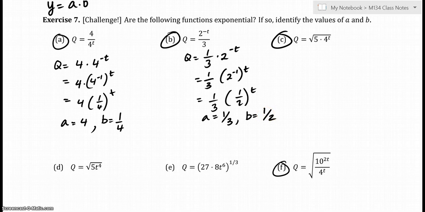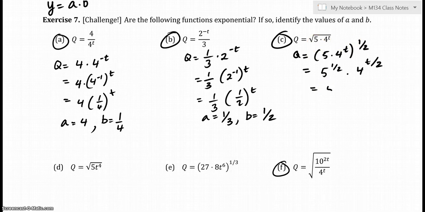Let's go ahead and do C together, because this one's a little more challenging. We haven't done this yet. What I would do is use my ideas of radicals. If you remember, a square root meant to the 1/2 power. And then I would use my idea of exponents, all from the appendix, and distribute that through.